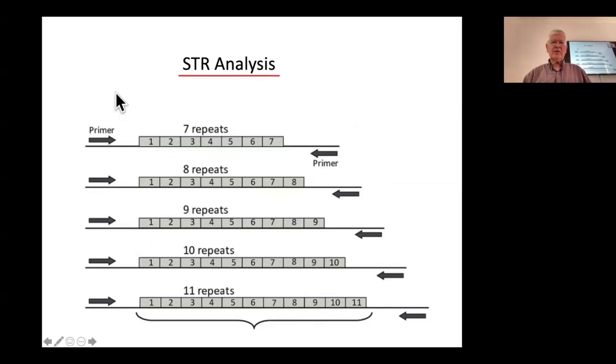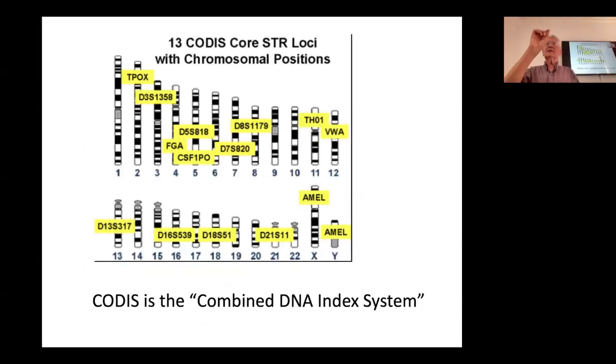All right. So it may be repeated 7 times, it may be repeated 11 times for a particular variant. There are other ones that range from 2 to 12 or 6 to 15. All right. And these short tandem repeats occur on every chromosome.